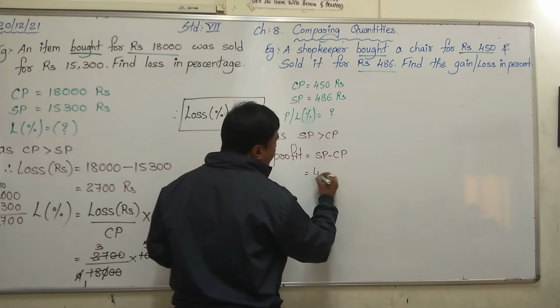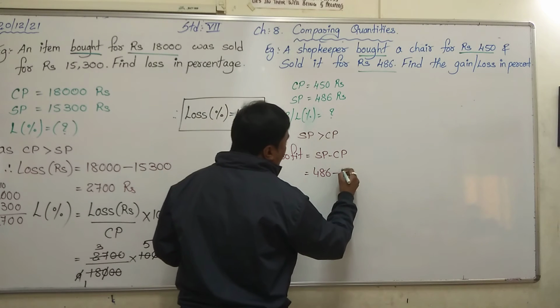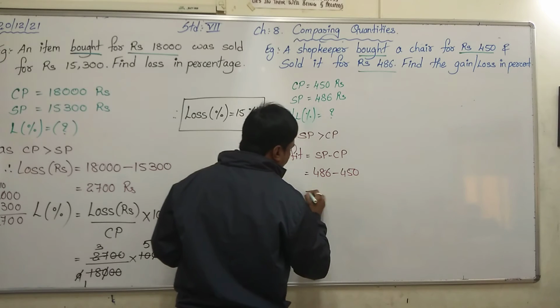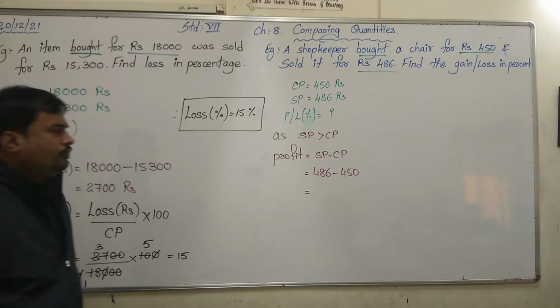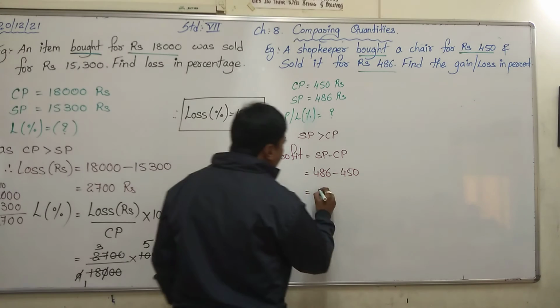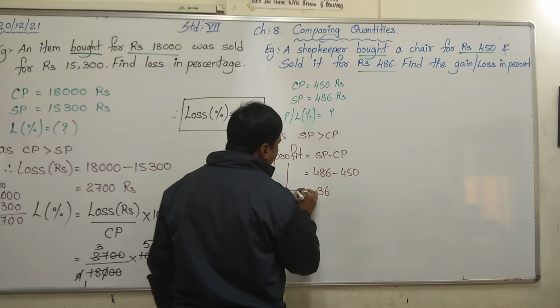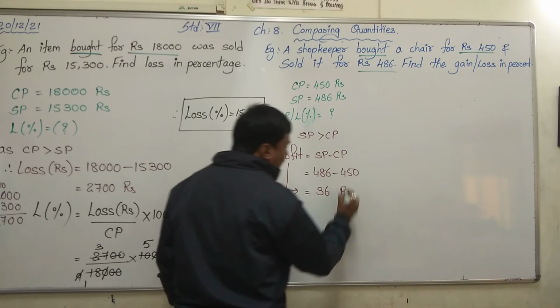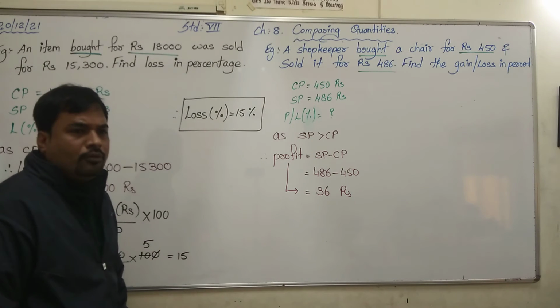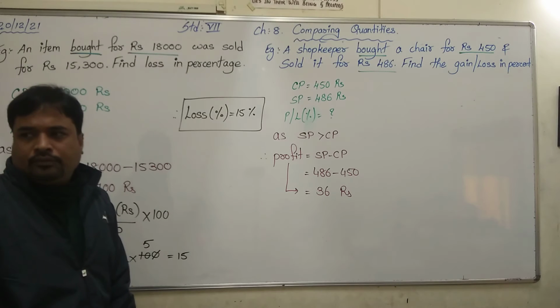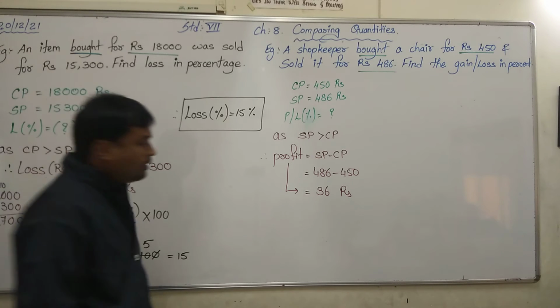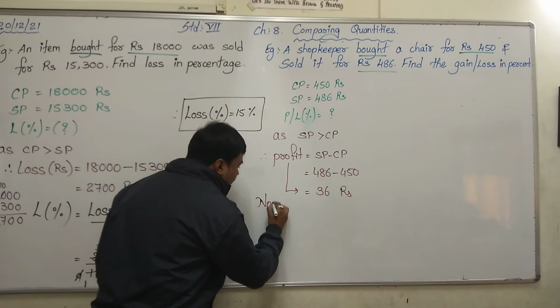What is SP? 486. Minus what is CP? 450. Which is equal to 36. Right? So your profit is equal to 36 rupees. What we have to find? Profit in percentage.